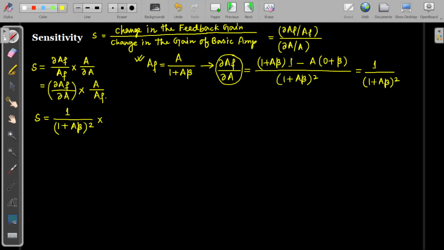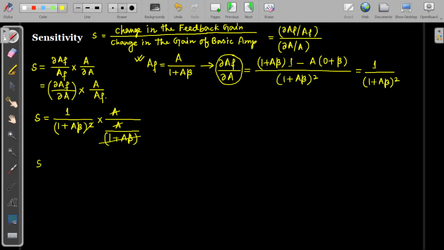Let us put the value of A by AF: A and AF are given by this equation, so A by A divided by 1 plus A beta. From this equation you can see that A will cancel out, and this 1 plus A beta will cancel out with the square.